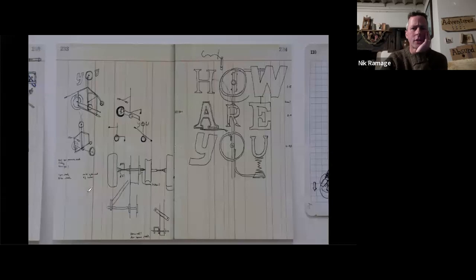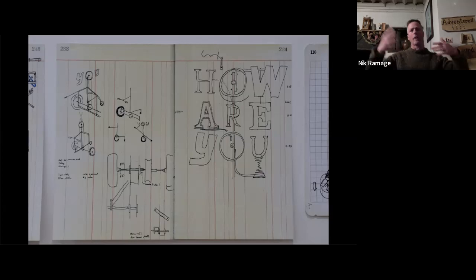So these are like working drawings. It's a bigger notebook, and this is where I'm starting to think things through and engage with the practical problems of what size girder we're going to need, where, how to support all these letters. I was quite keen that they all be quite animated.